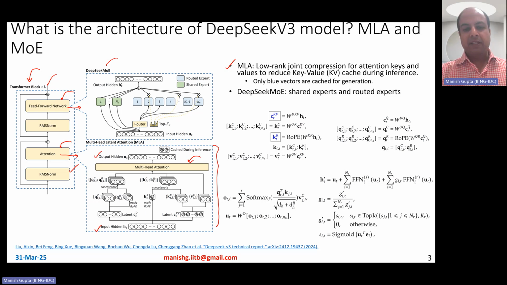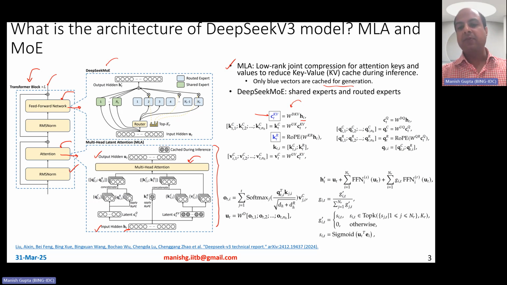So the input is h_t, right? So we start from h_t. They use this joint matrix W_DKV. As you can see, it's shared between K and V, so as to obtain a latent representation c_t^KV. Now, those highlighted in blue are cached for generation. So as you can see, this c is going to be cached, and this is the latent part. Okay.